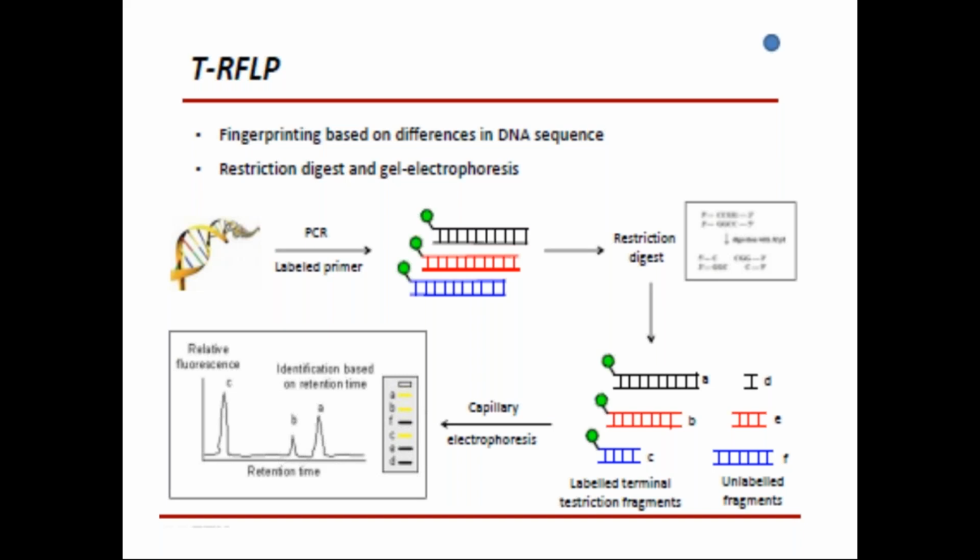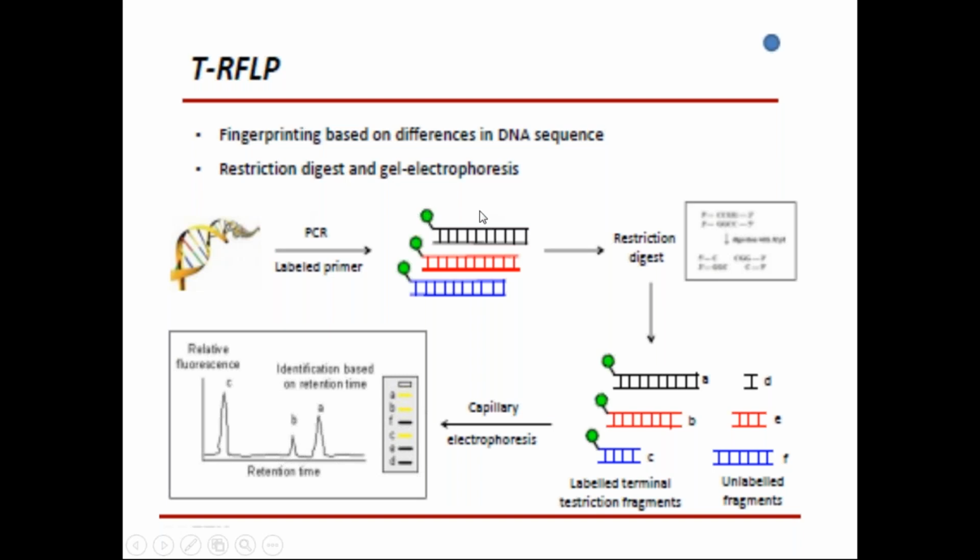So for the visualization purpose, we use T-RFLP. Whatever primer we utilize in this PCR reaction is already labeled with green fluorescence. So whatever fragments are generated, all the fragments are labeled at the 5' end with the green.